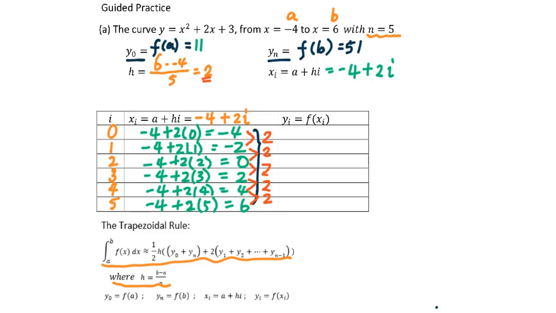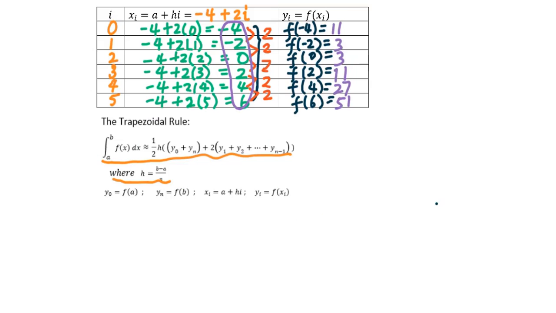And then for the yi, you just need to substitute this value for x so that you can get the yi. Last step, you just need to plug into this formula.